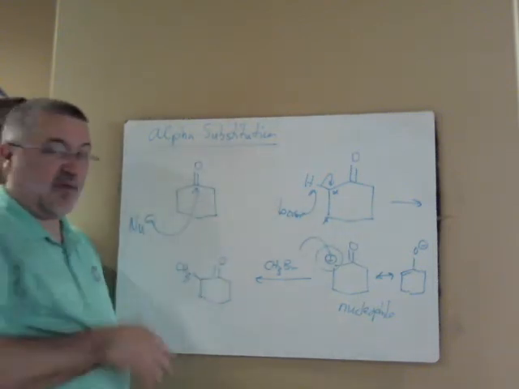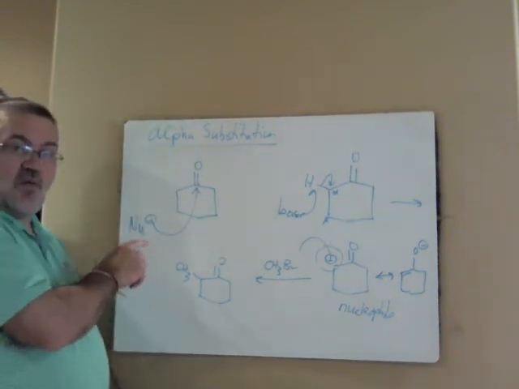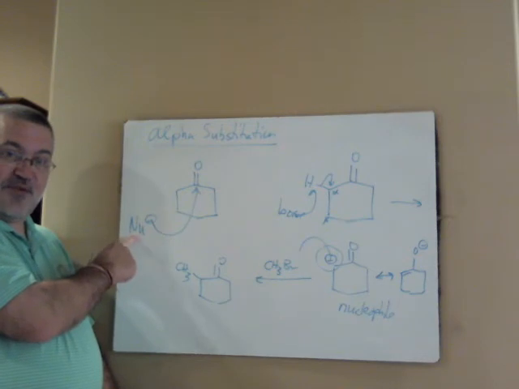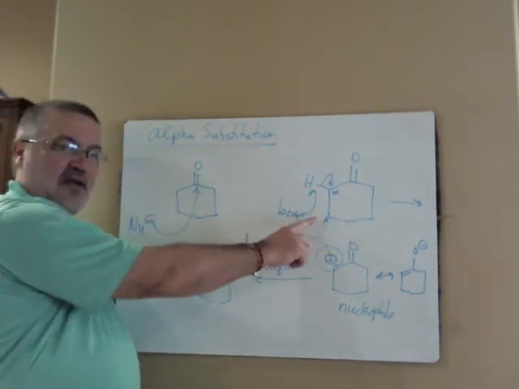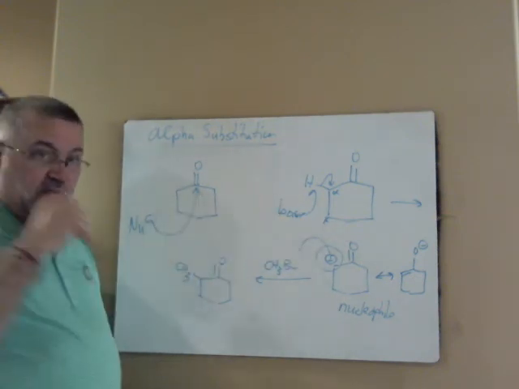It's that simple. But the main question is, when does it go through this type of reaction, which we've seen a million examples of, and when does it go through this? There have to be different conditions that favor one versus the other.